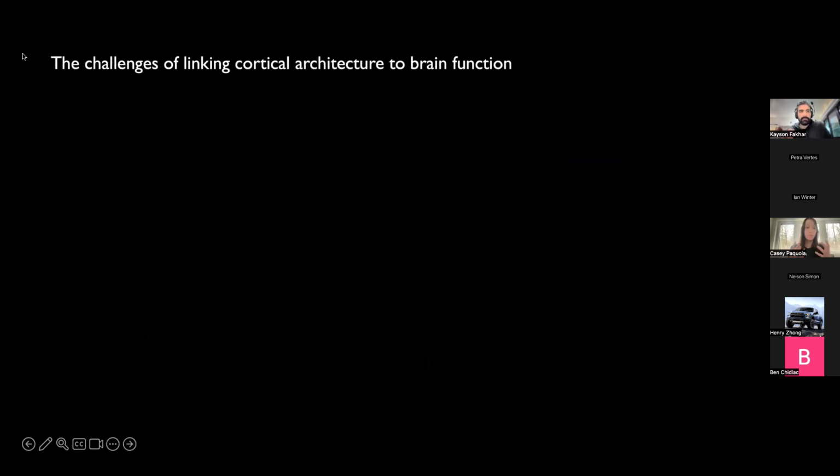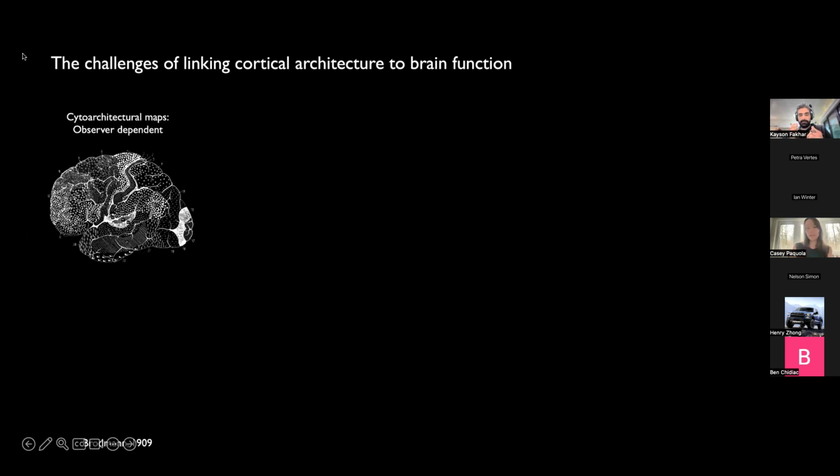There's a lot to unpack in terms of the real nature of the relationship between microstructure and function, but there have been several challenges in the way of uncovering this. The first is a heavy reliance on cytoarchitectural maps, such as Brodmann's areas. This really applies to all histology-based atlases up until quite recently: they've all been observer dependent.